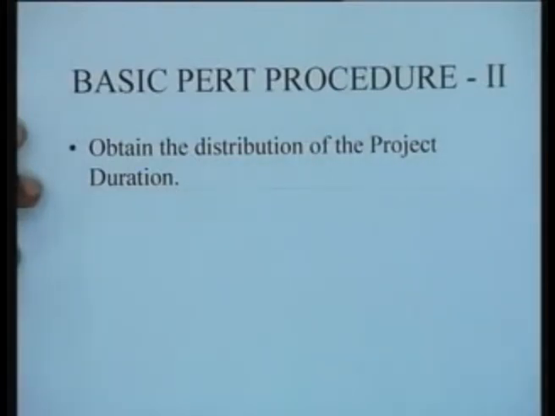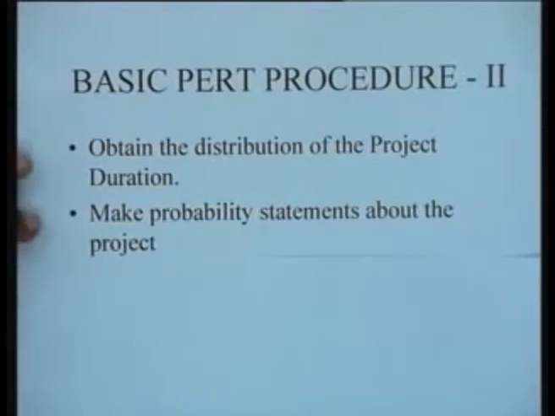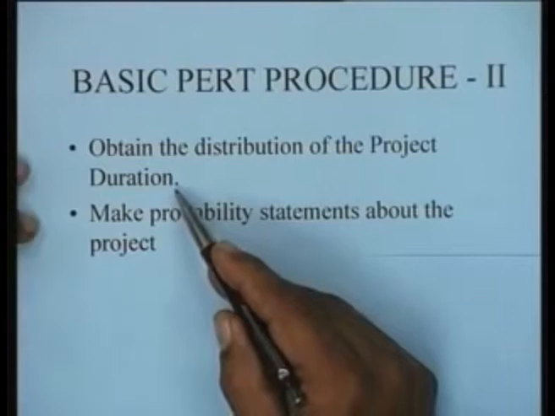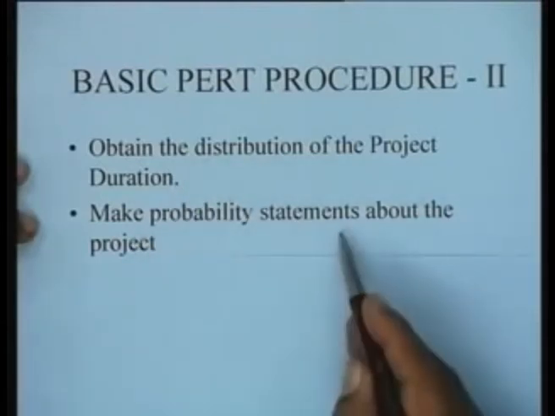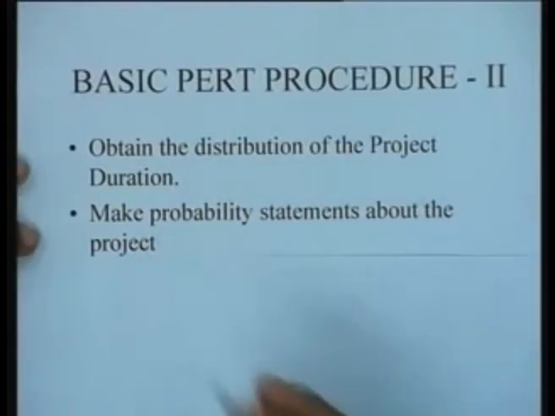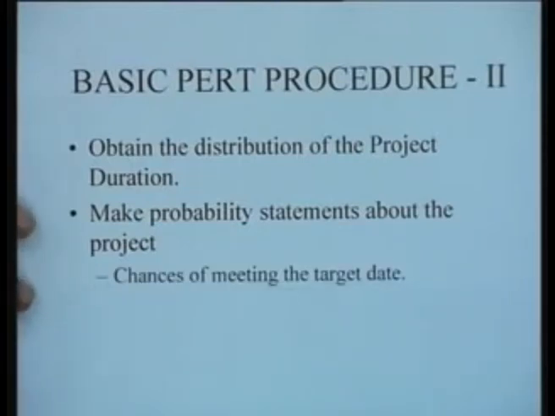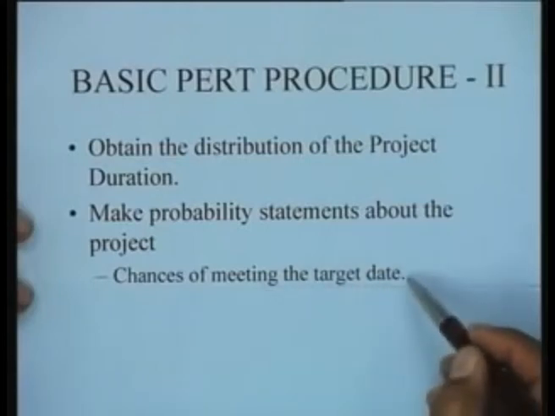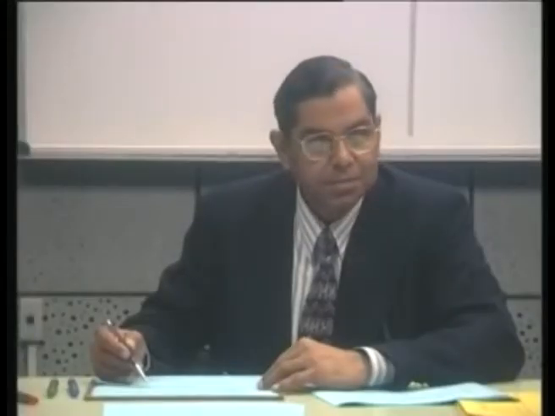We will see when we do the computations as to how this is obtained, but this is the underlying logic behind the whole thing. And once we have obtained the distribution of the project duration, we can make probability statements about the project. Typically, these probability statements are, what are the chances of meeting the target date? This is the question that the project manager would be very much concerned about.